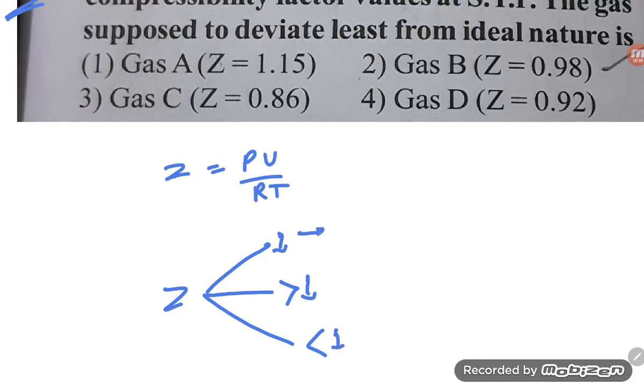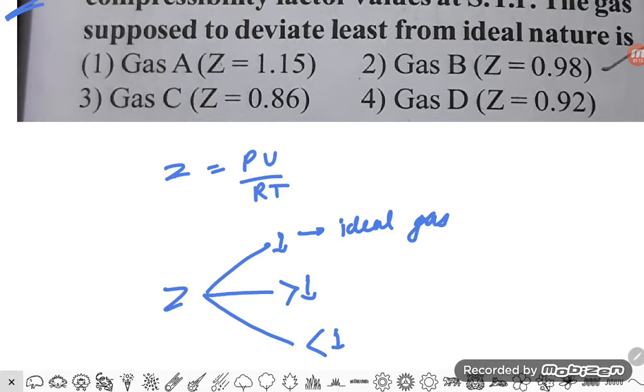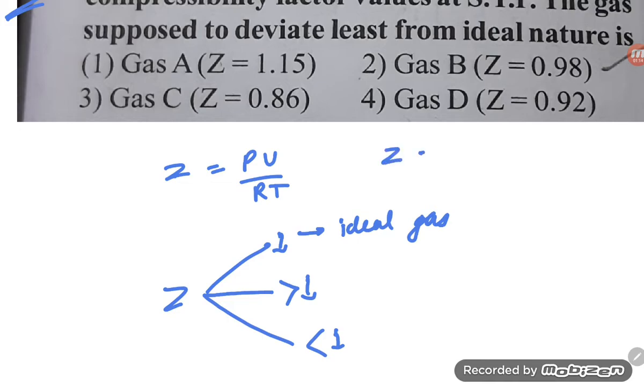Z equal to one is the ideal nature, an ideal gas. If Z is not equal to 1, it is a non-ideal gas.